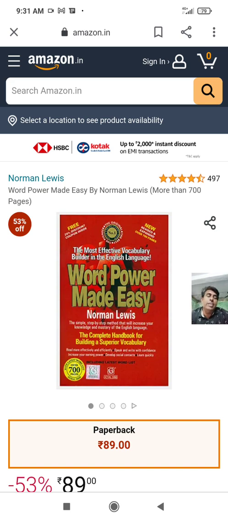So IAS is Indian Administrative Service, IFS is Indian Forest Service, IES is Indian Engineering Service, IRS is Indian Revenue Service. So all these are the topmost jobs in India.